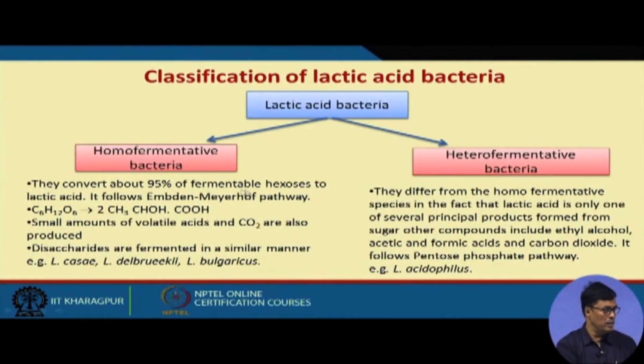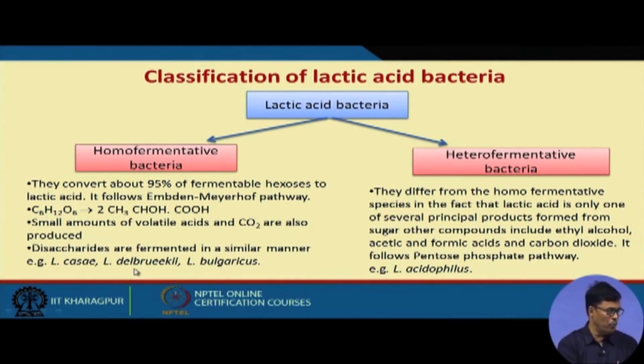Now, this is the differentiation between the homofermentative bacteria and heterofermentative bacteria. As I pointed out, here mostly the products are lactic acid and carbon dioxide, and maybe a small amount of volatile fatty acid is produced. Most of the bacteria use this fermentative process, that is Lactobacillus casei, Lactobacillus delbrueckii and Lactobacillus bulgaricus.